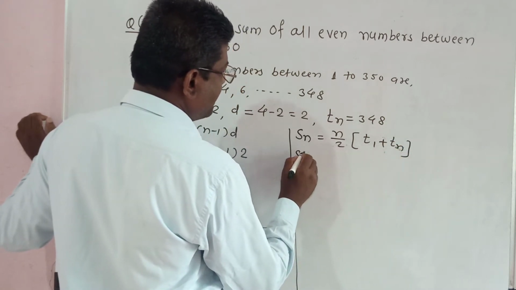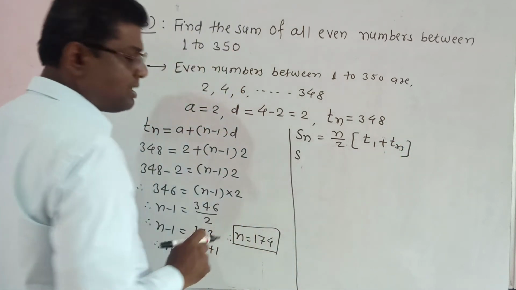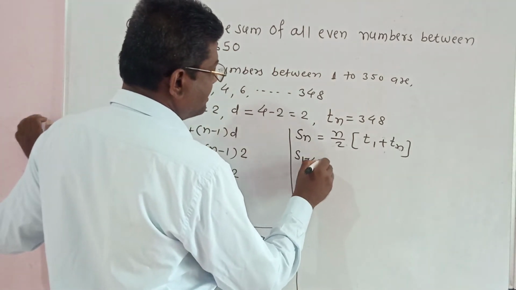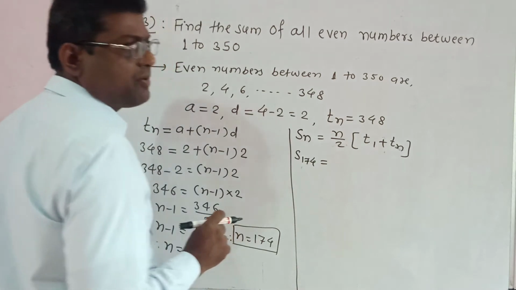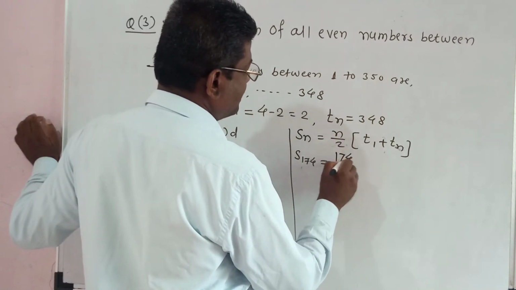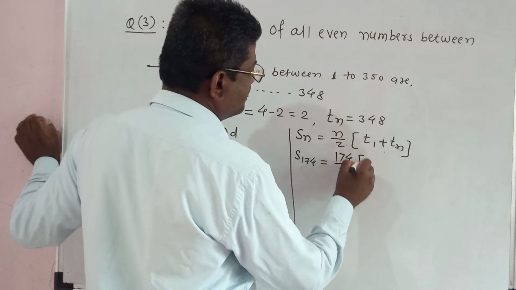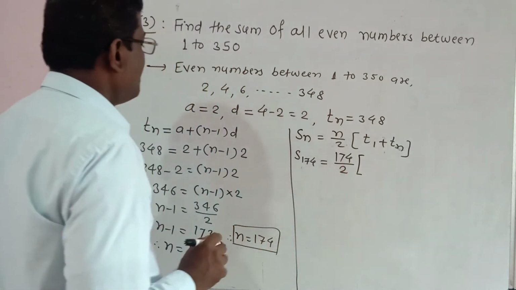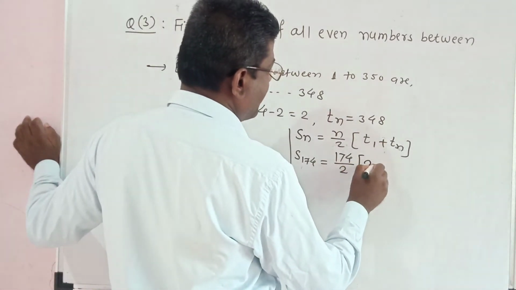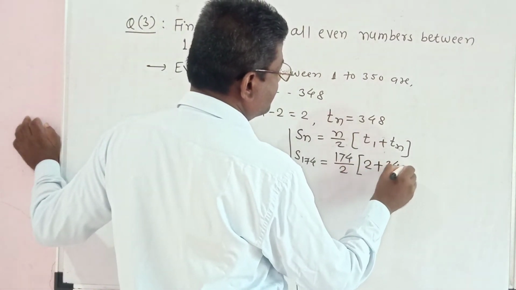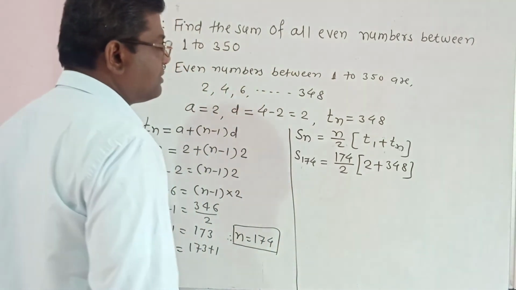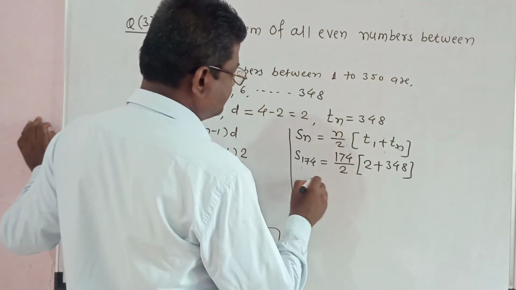Therefore, we have to find the 174th term. So S174 is equal to n upon 2, where n is 174, and the value of T1, the first term, is 2, and Tn, the last term, is 348.